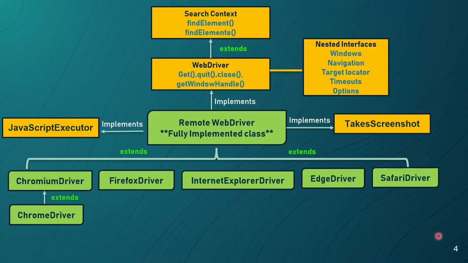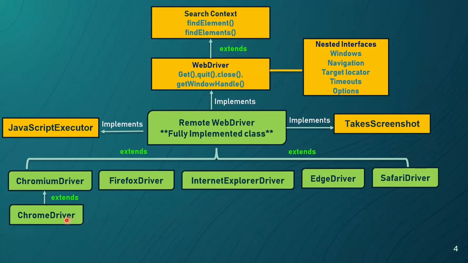So this is the hierarchy of Selenium classes and interfaces, in which we have the super interface, the search context. Then we have the WebDriver interface, which includes nested interfaces with many abstract methods like windows, navigation, target locator, timeouts, options. Then we have the remote WebDriver, which implements the WebDriver interface, and it also implements the JavaScript executor and take screenshot interfaces.